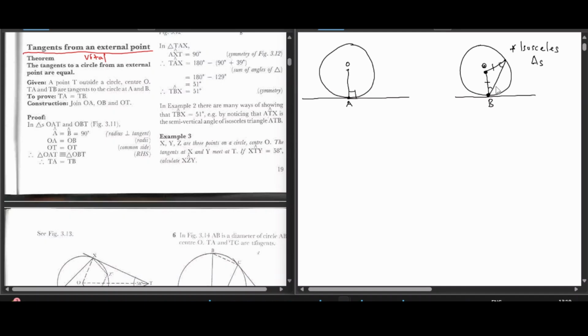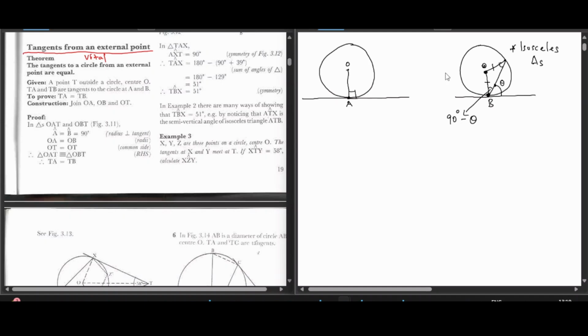Like in the case we did yesterday, from this point, where this line meets the tangent, if this angle is theta, then this angle is 90 minus theta, because we are subtracting theta from 90.